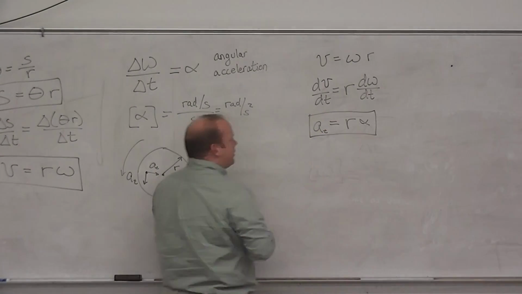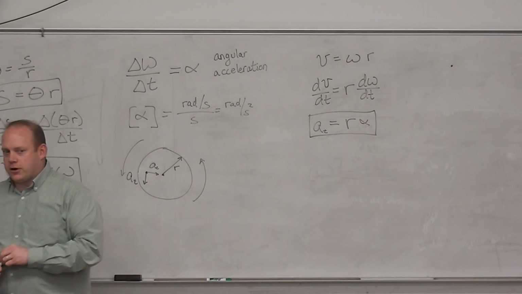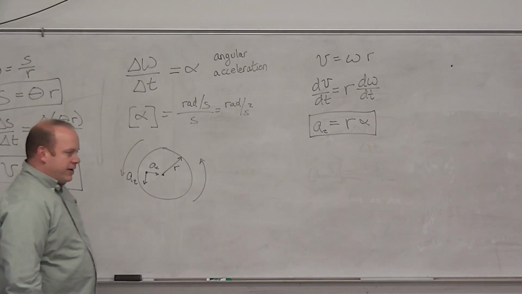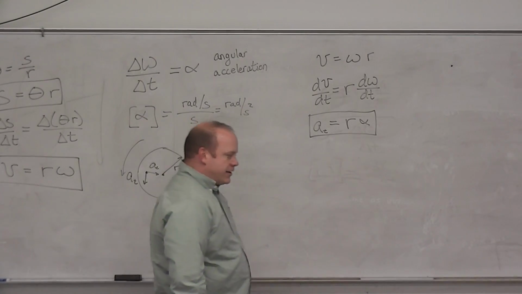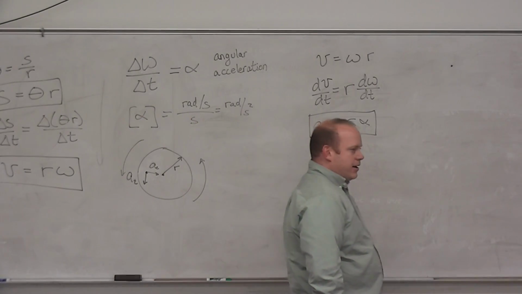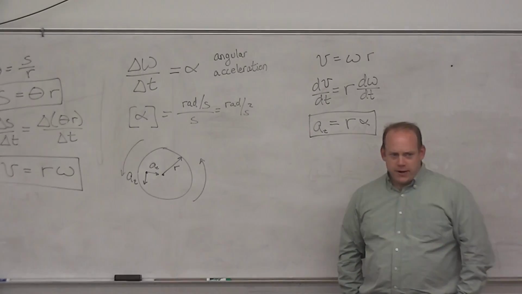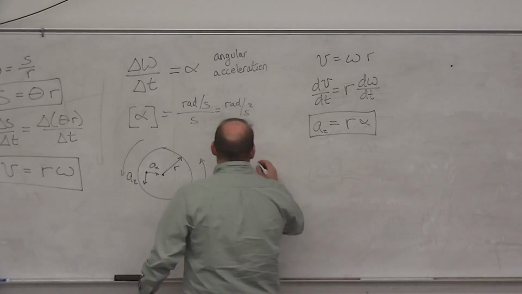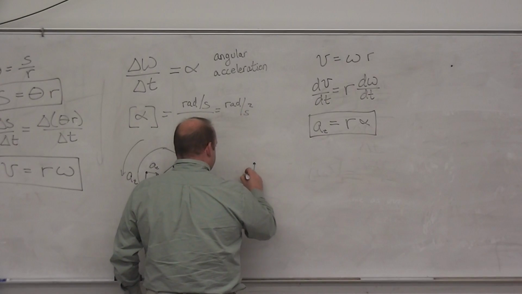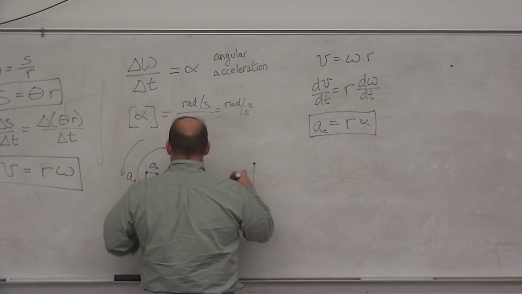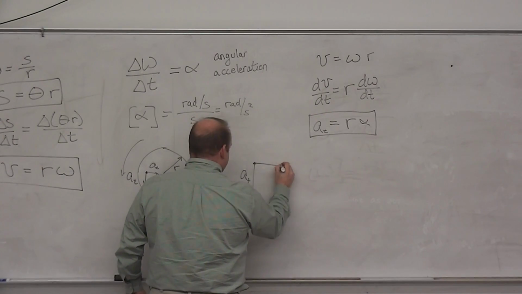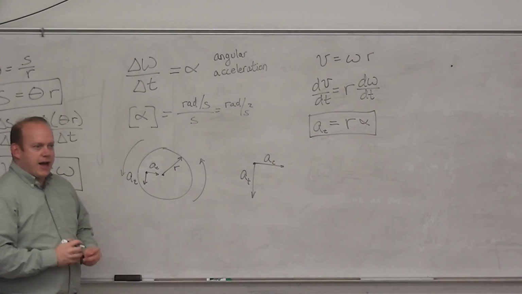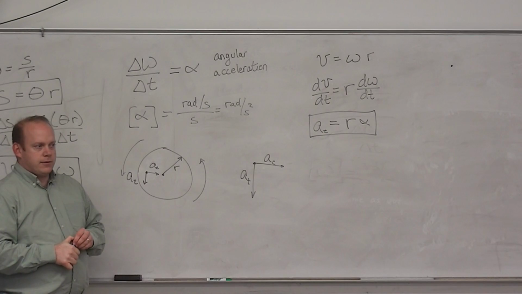A very good question would be, if something is spinning around and increasing its speed, how would I calculate the actual total acceleration? If I have an acceleration that points tangential like this, and centripetal like this, how would I calculate the total acceleration?